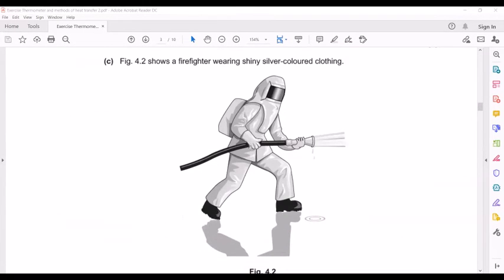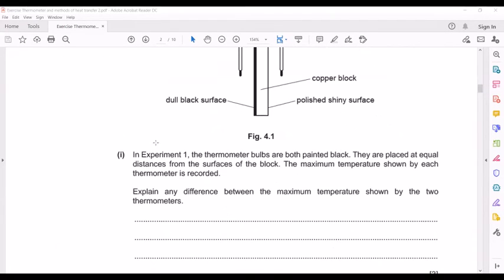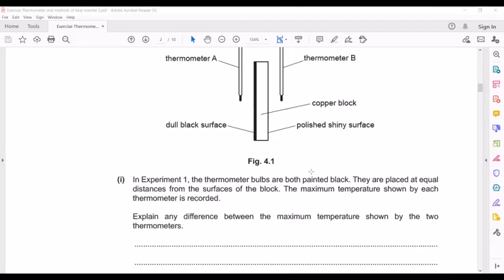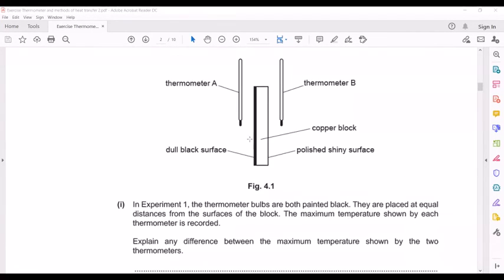In 1B1, in the experiment, the thermometers are both painted black. They are placed at equal distance, and the maximum temperature is shown for each. Explain any difference between the maximum temperatures shown by the two thermometers.